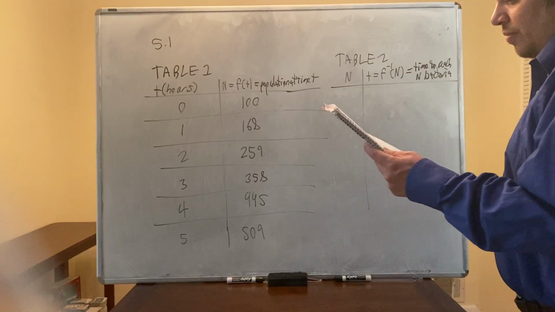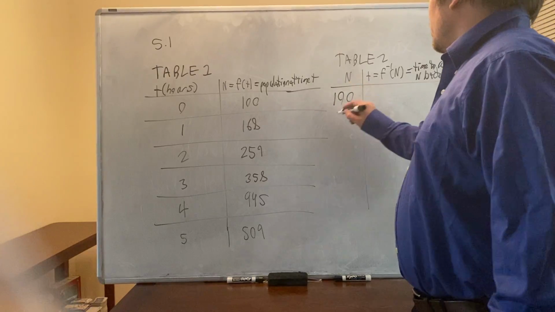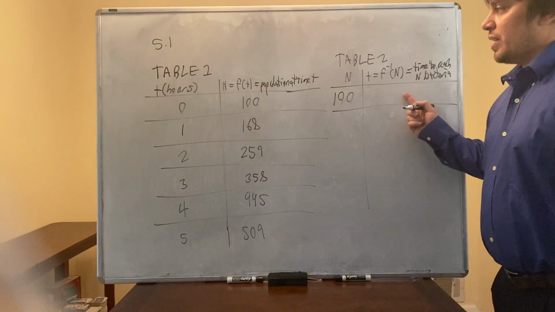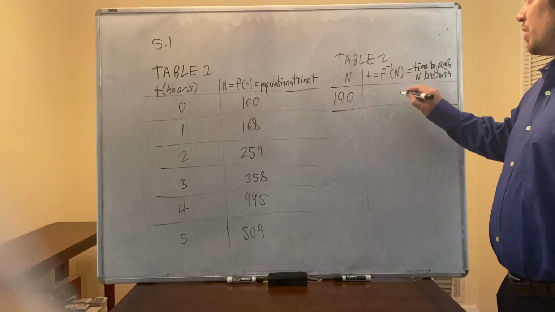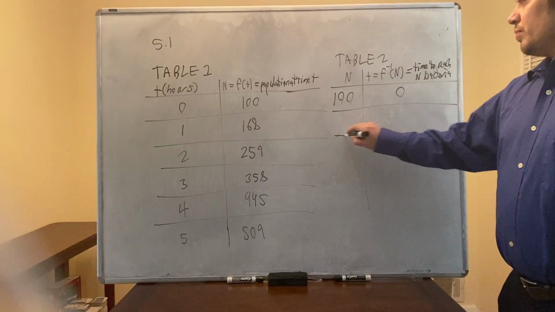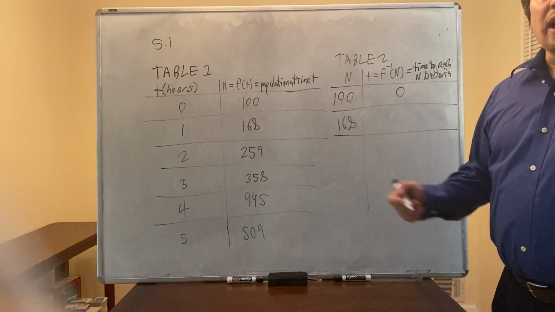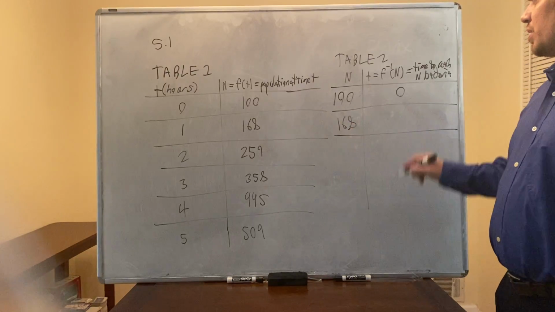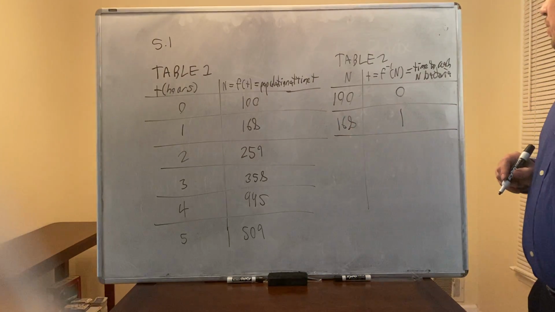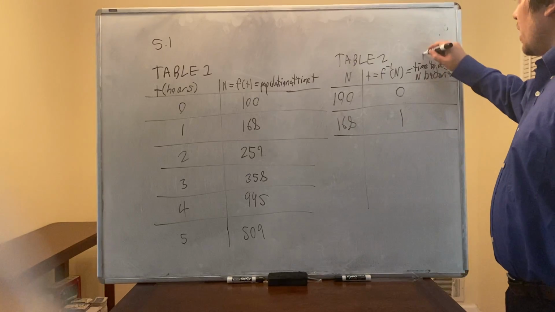Okay? So if N is 100, then the time it takes for the population to reach 100 is 0. If the population is 168, then the time it takes to reach a population of 168 is 1 hour. This is in hours.